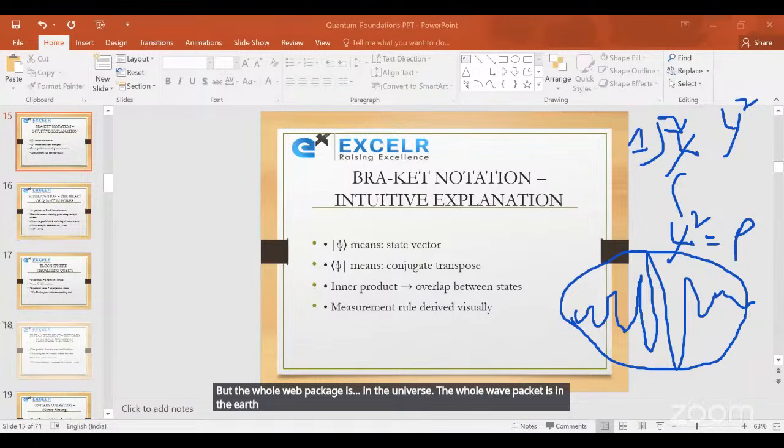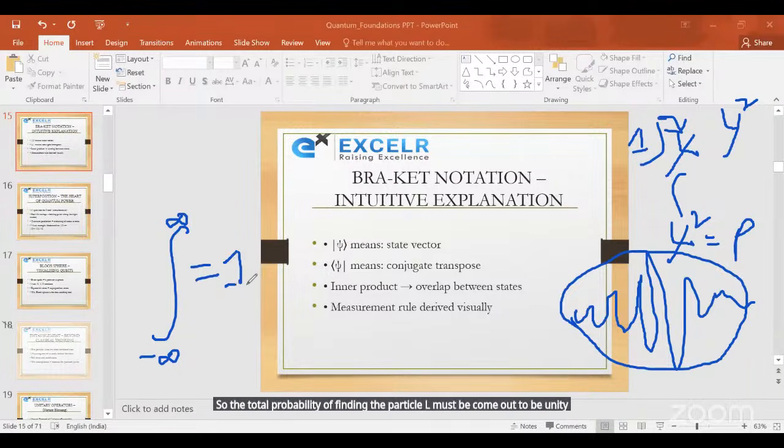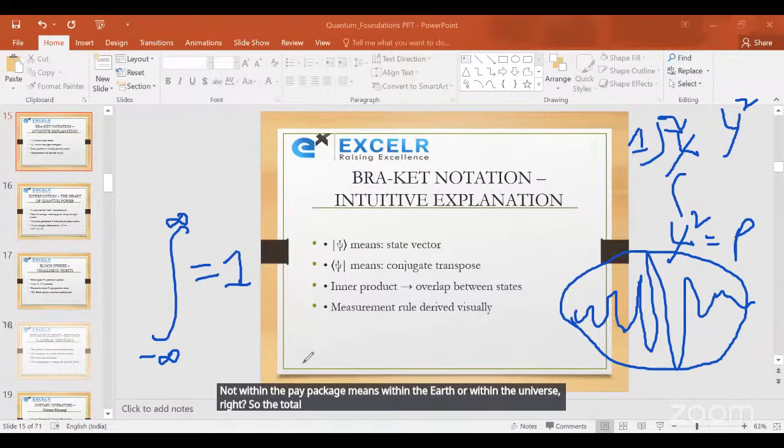If we want to find the total probability, we have to integrate. The total probability of finding the particle must come out to be unity. Certainly the particle will be somewhere, within the earth or the universe. So the total probability of finding the particle must equal one.